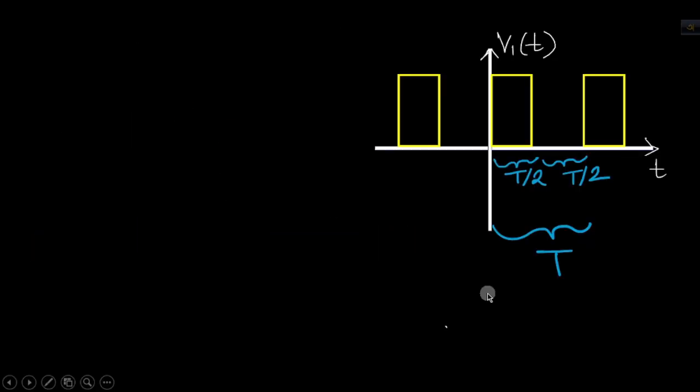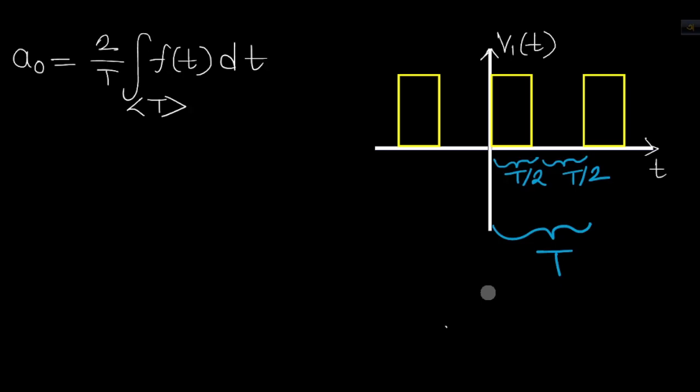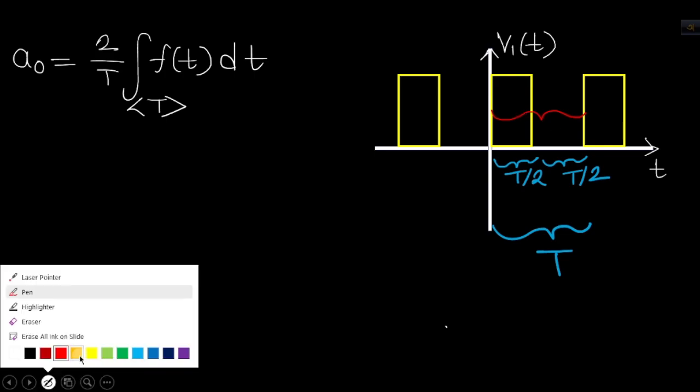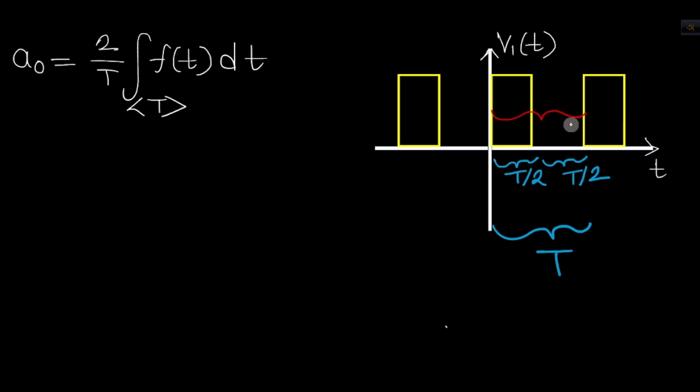Okay, so let's find the first coefficient a0. Here the capital T is the time period of this signal, and this symbol means we have to do an integration in this region. This region is divided into two sub-regions. For the first part, the signal's value is 1.